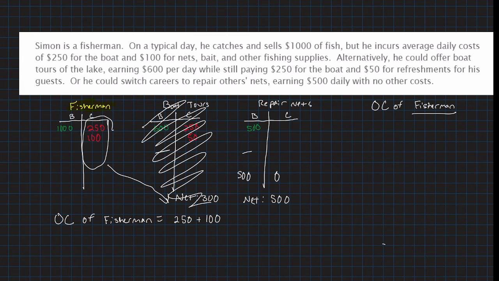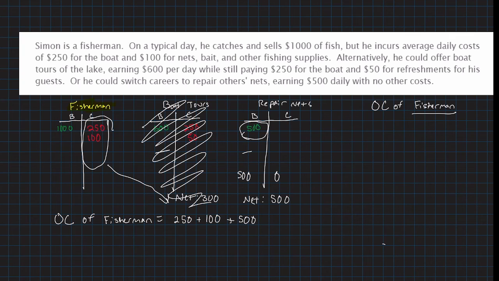Okay. So since he's choosing to be a fisherman, its opportunity cost is the cost of what he's giving up. He's giving up $500 in benefit from repairing nets. Because he's giving up that benefit, it actually becomes a cost to him. So we're going to add that to our opportunity cost.